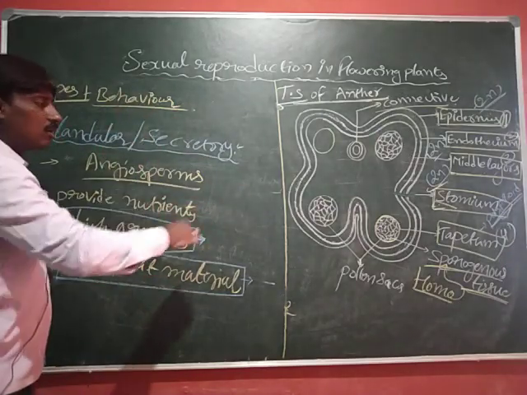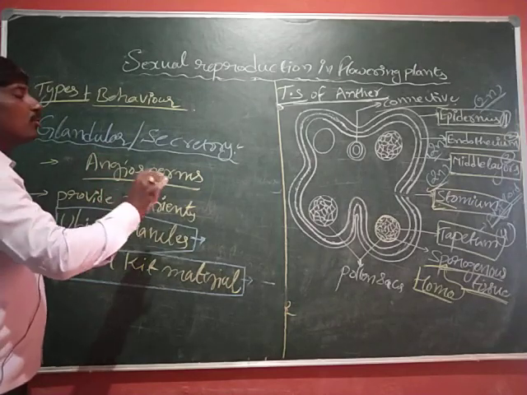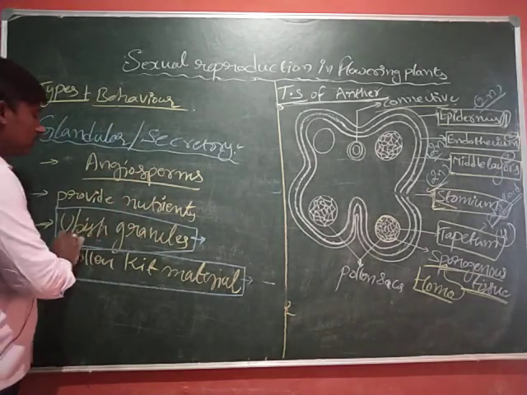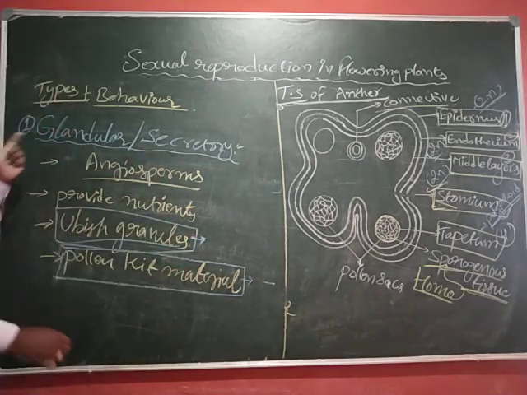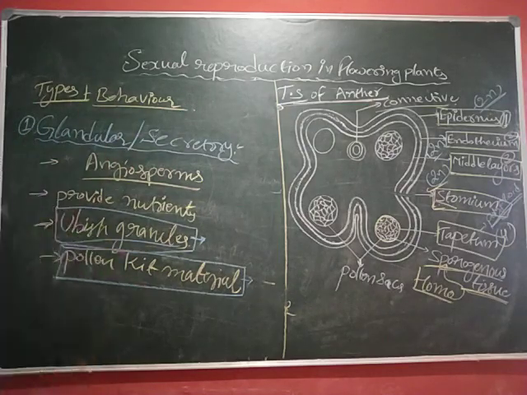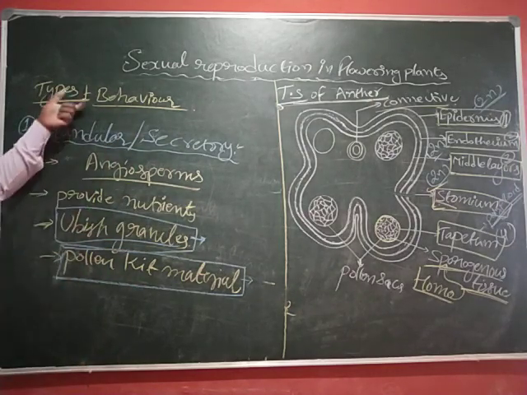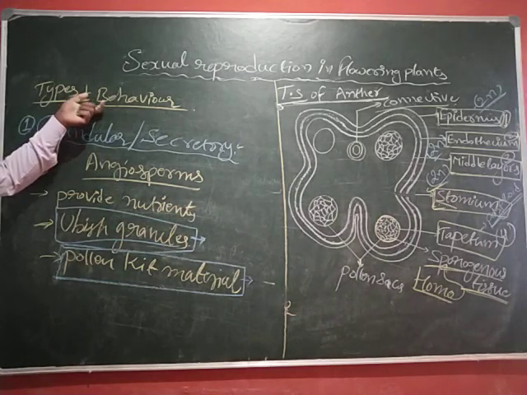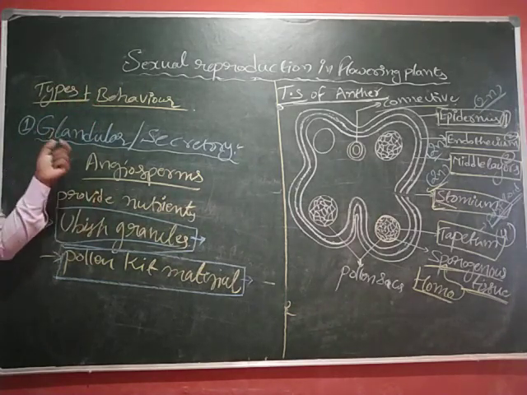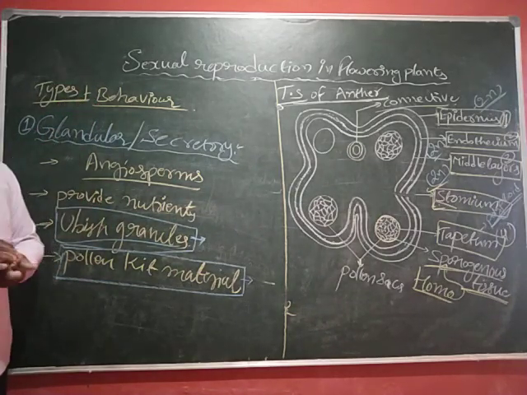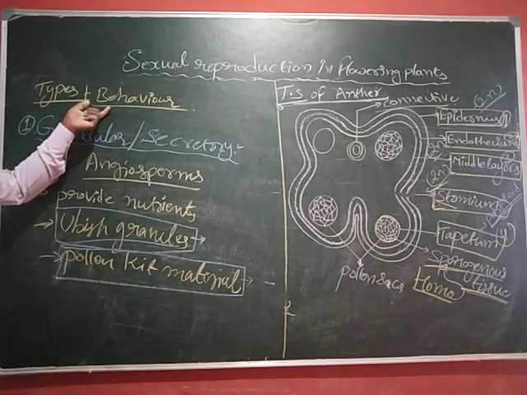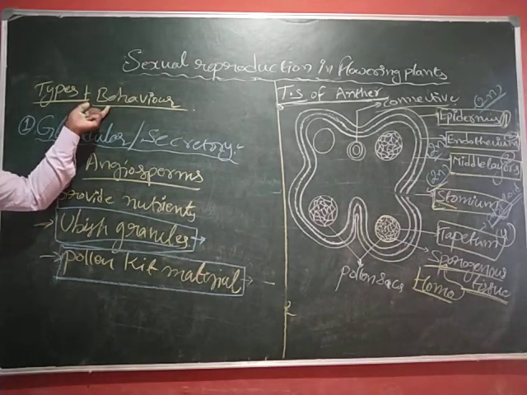Especially, the Ubisch granules help in the ornamentation of the pollen grain, especially the exine wall of the pollen grain with sporopollenin. This is the summary of glandular or secretory tapetum. So these are the types of tapetums. These two types of tapetums are very important for competitive examinations. Thank you. I will explain in the next session.